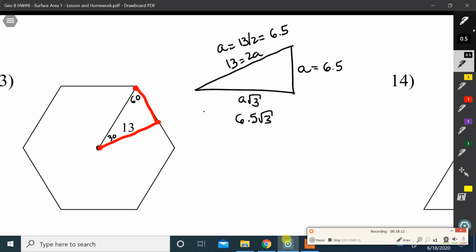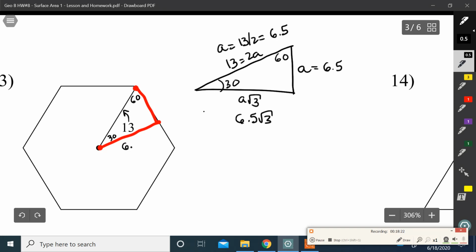Okay, so this right here, this 13 is that right there. It's kind of confusing, I know. But this is 6.5. Remember, this is 30. And this is the 60. This triangle is that one right there. So this is 6.5 square root of 3. And this right here is 6.5.